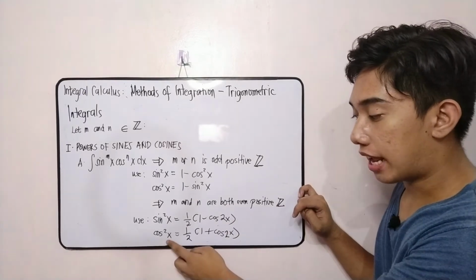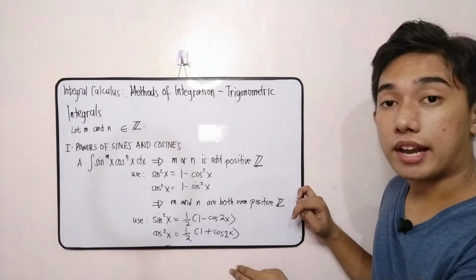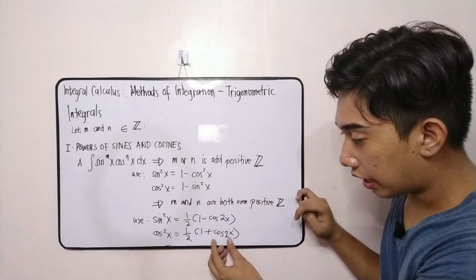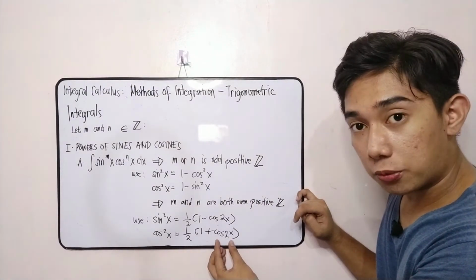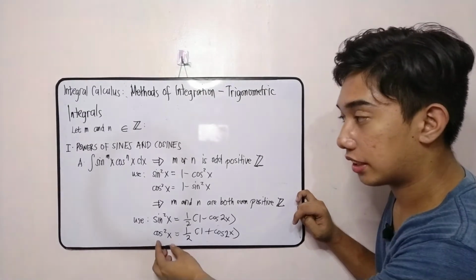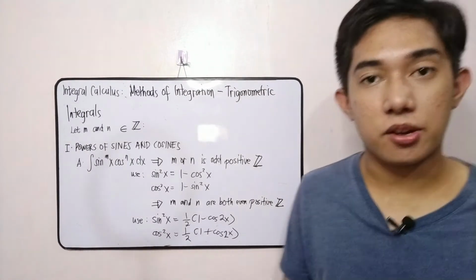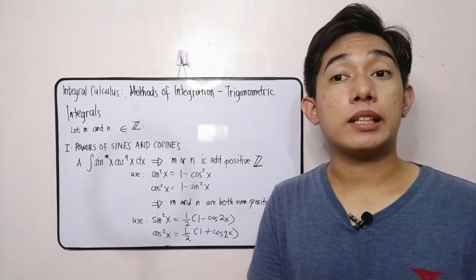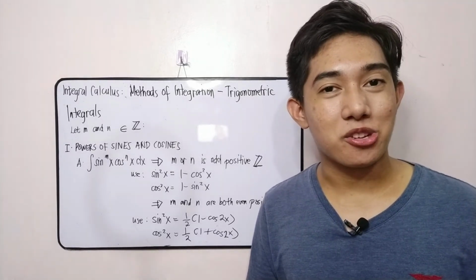And for cosine squared x, it is equal to 1/2 times quantity 1 plus cosine 2x. So, it is easier, right? Easier than integration in this case because we will use the identities. So, we will solve examples involving the powers of sines and cosines.